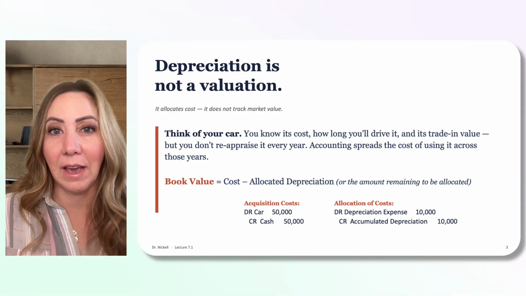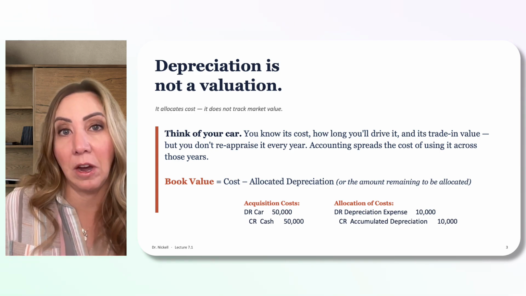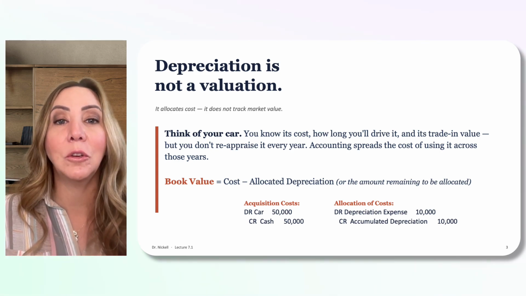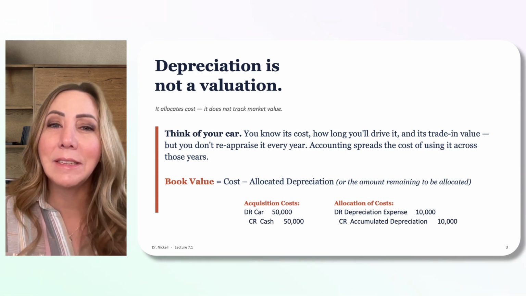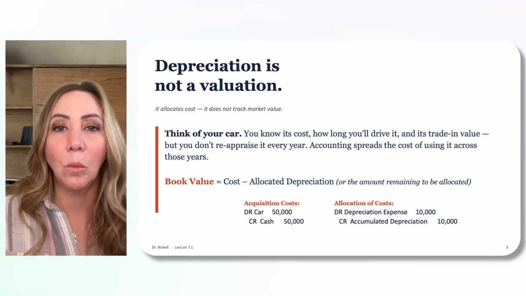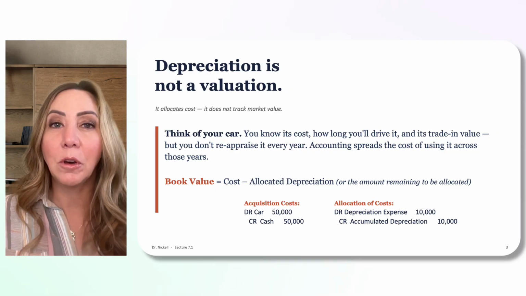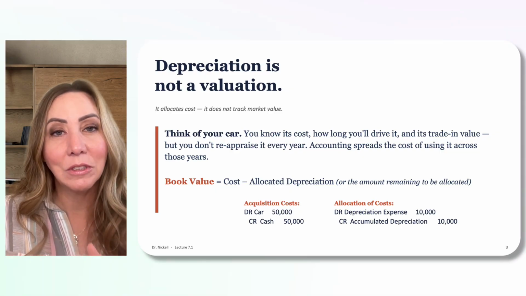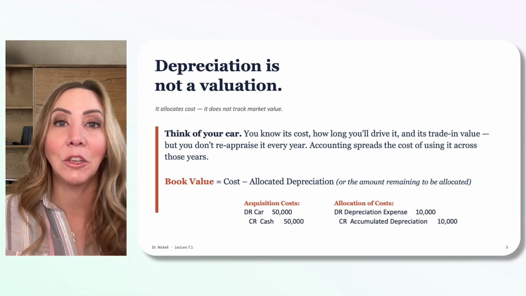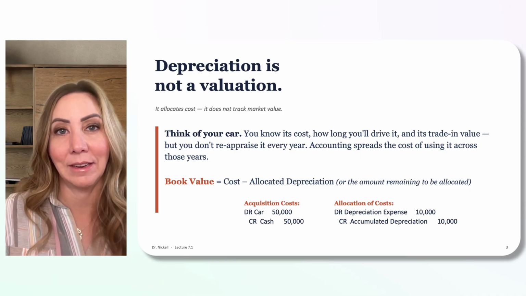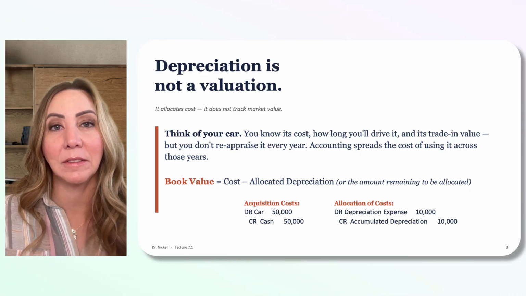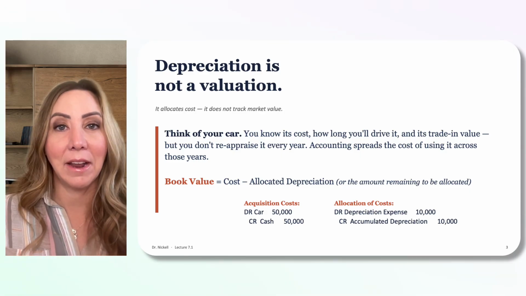Notice that we don't credit the asset itself. Instead, we use this contra asset account called accumulated depreciation. This is because the asset still exists. We don't want to eliminate it from our balance sheet, just reduce its book value. And the book value equals the asset account less whatever balance is in the accumulated depreciation, or contra asset, account. The contra asset account represents the credit side of that account.